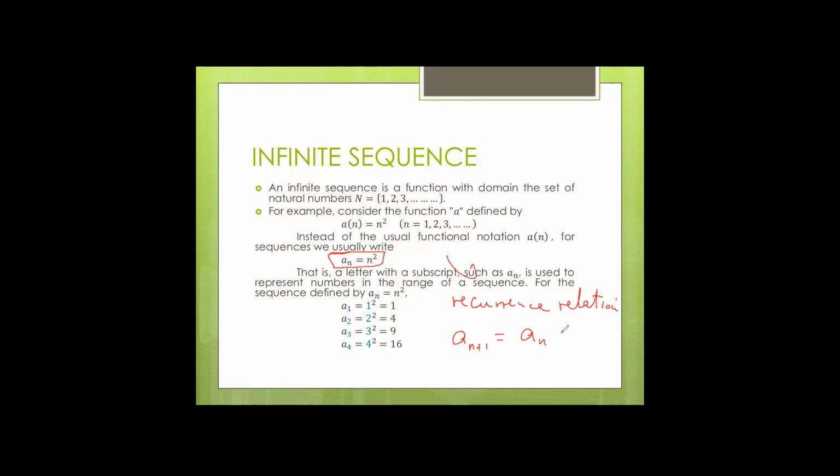It would be (n+1) all squared. You might have a hard time coming up with a recurrence relation for this one, but there's something called a recurrence relation where you relate the next term with the one before that, right? You can come up with one like that.